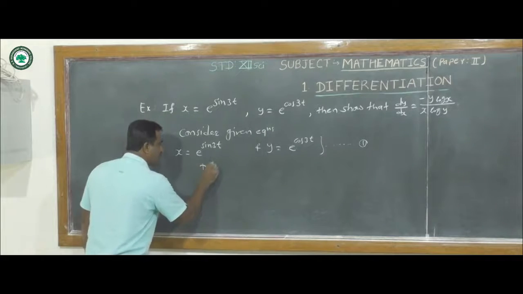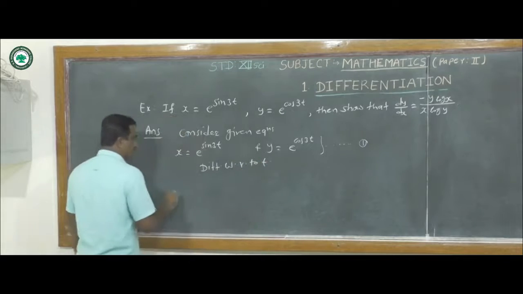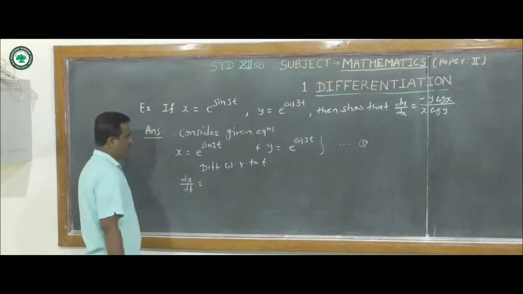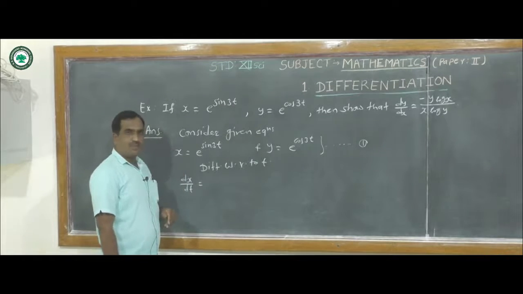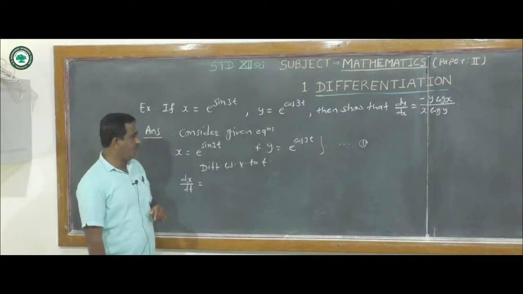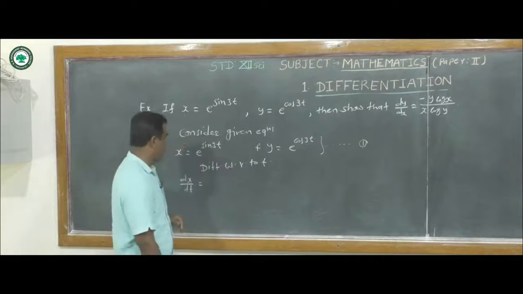Differentiate with respect to t. Derivative of x, dx by dt, equals the derivative of e raised to sin 3t. This is a composite function. Suppose sin 3t is f of x, that is, we get e raised to f of x. And we know that the derivative of e raised to f of x is e raised to f of x into f dash of x.